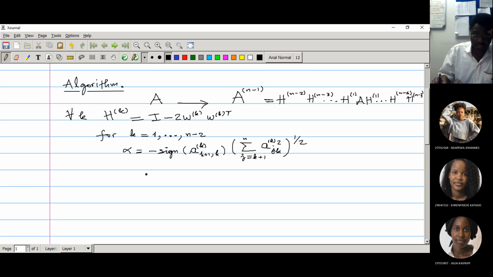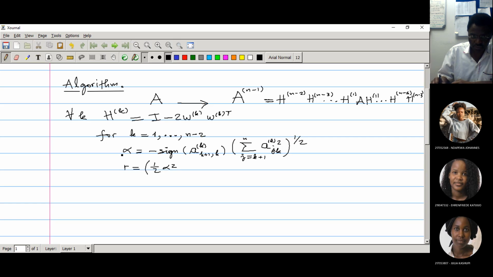Once alpha is computed, the rest becomes easy because we need r. That will be the next step. r is the square root of 1/2 alpha squared. You see that you need this alpha to compute r.